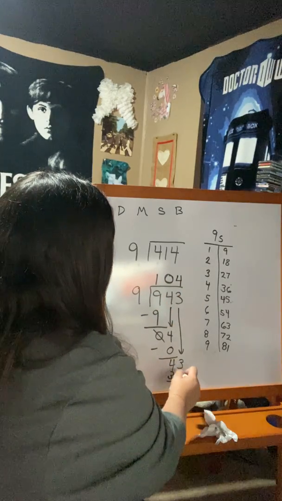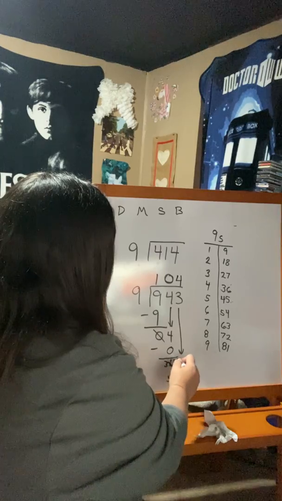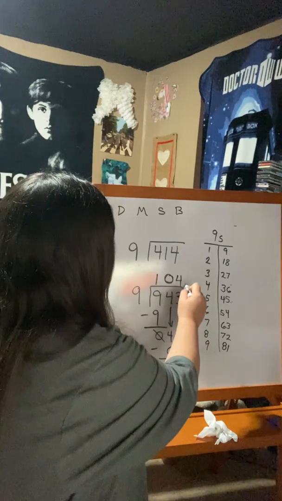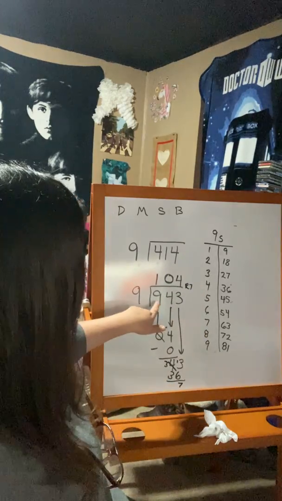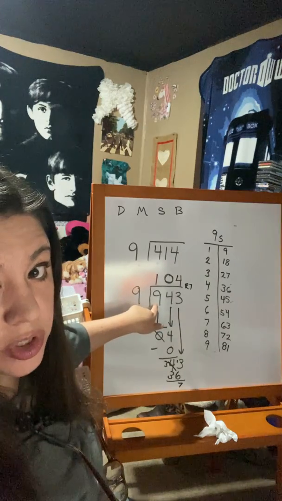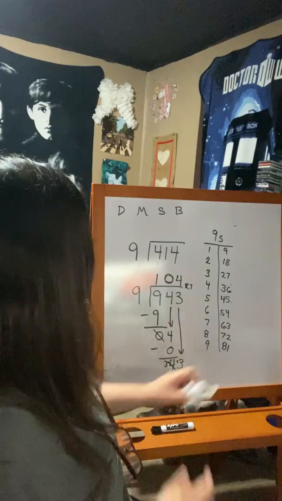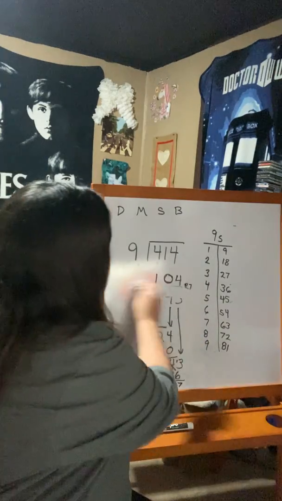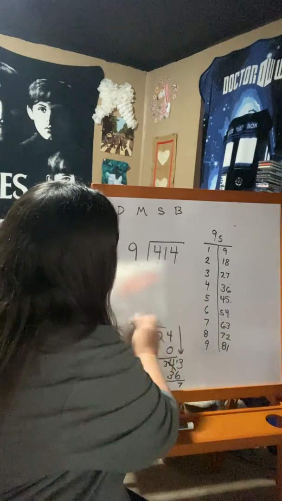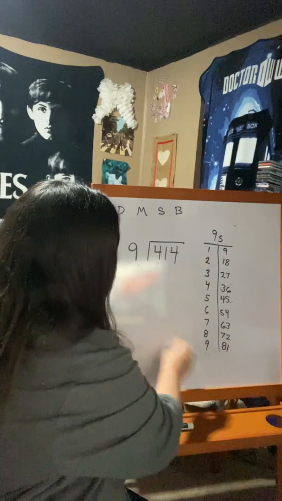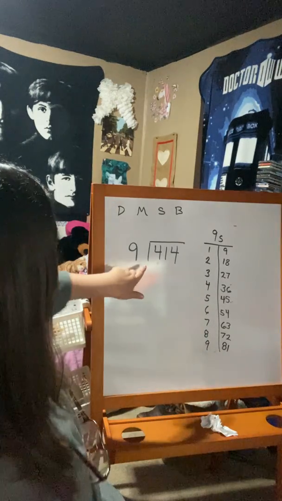And looks like we have a remainder of 7. So in this problem, 9 did go into the first number. But that's not our problem. I just wanted to show you that you're not going to skip that first number every single time. You have to look at the problem and know.